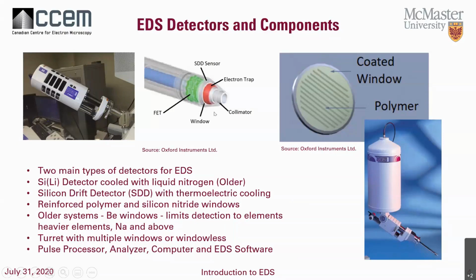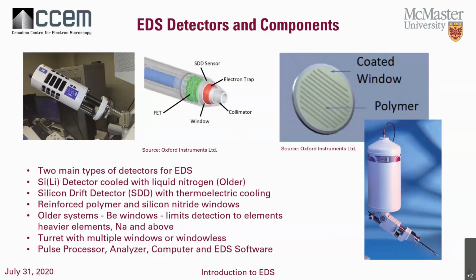There's a collimator, which is used for focusing and collecting the X-rays. Because we don't want the electrons going into the actual sensor, we have an electron trap so that the backscattered electrons especially don't get into the actual detector.